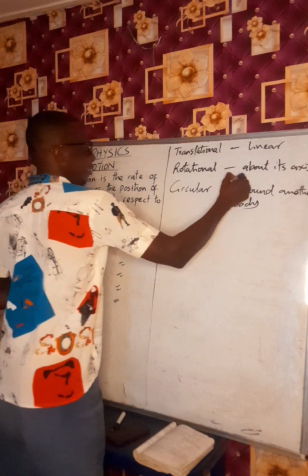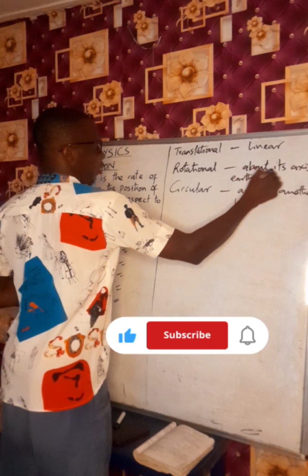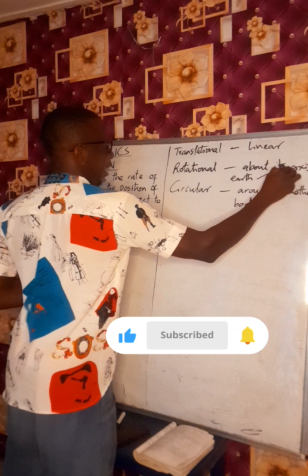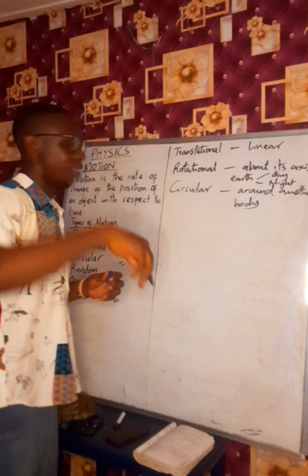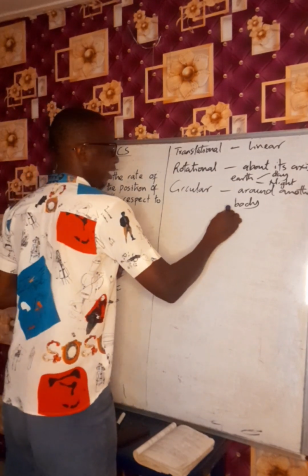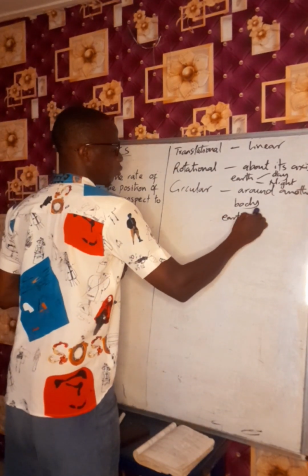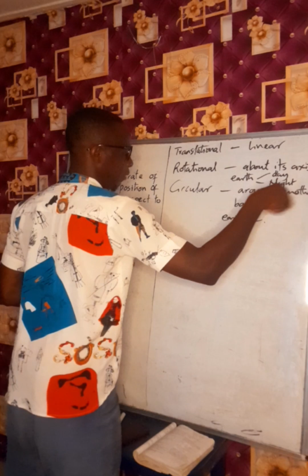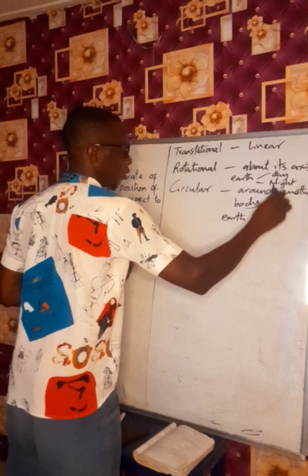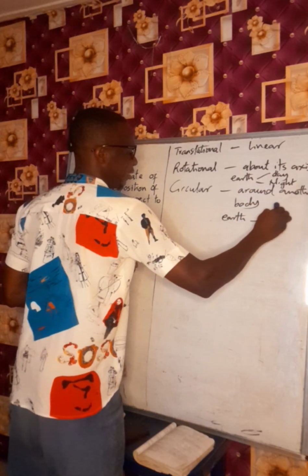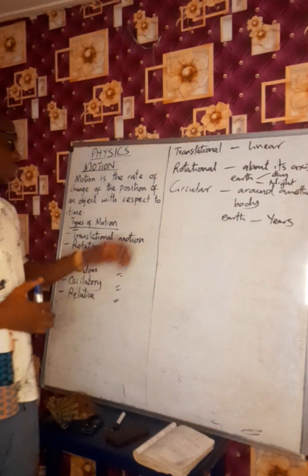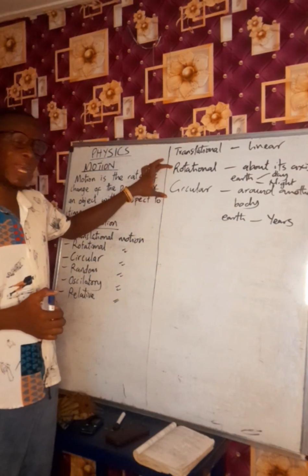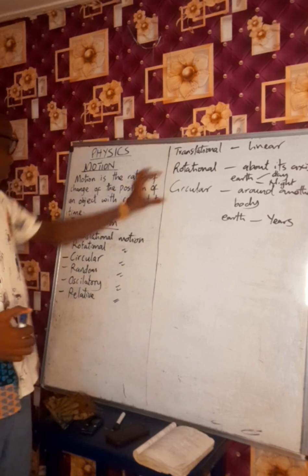The Earth rotating about its axis gives us day and night. But the revolution around the Sun gives us what? The years. Are you there? So these are the examples I would like to use here for rotational and circular motion.